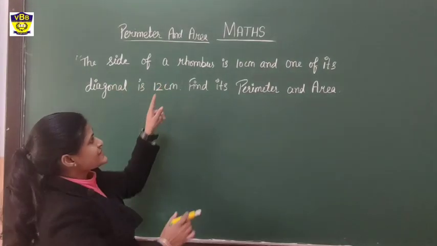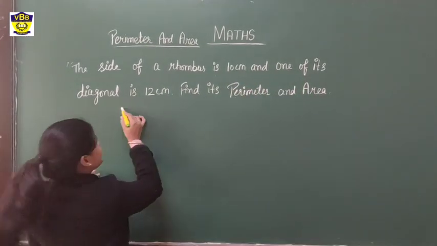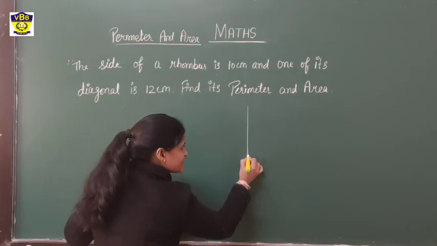Height of a rhombus is 10 centimeter and one of its diagonals is 12 centimeter. Now make a rhombus first.